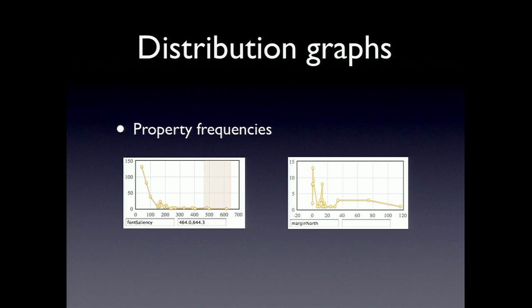Distribution graphs. If you take the font saliency that I mentioned before and put it into a graph, with the saliency value on the x-axis and the frequency of how many items on the page have this value on the y-axis, you can very quickly get an overview of how these items are distributed on the page and how many of them there are. We built a tool where you can select ranges in this graph, and these ranges will then be highlighted directly on the web page to mark exactly those visual elements that match this property.